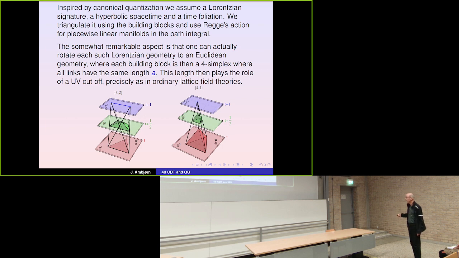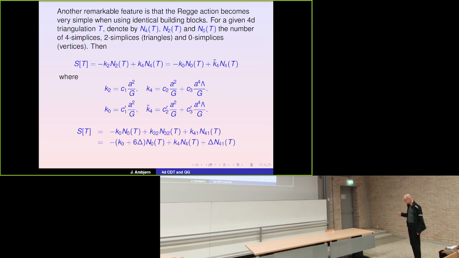These are the two different ones, and we can put in a different weight for these. We don't have a precise geometric interpretation of this, but in a Wilsonian sense, it is a natural generalization, and it can be written like this. Instead of these two coupling constants, we keep K4, but then we have a delta for some ratio between these. So we have three coupling constants, K0, delta, and K4, in our theory.